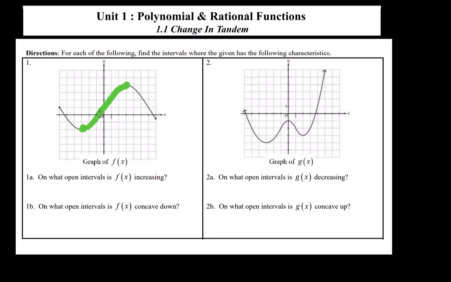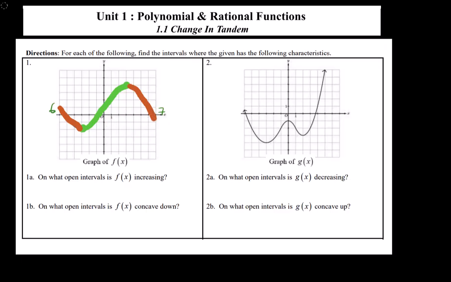We have 1, 2, 3, 4, 5, 6. Let me label this point as 6, and this is 7. So where is it decreasing? From 3 to 7.